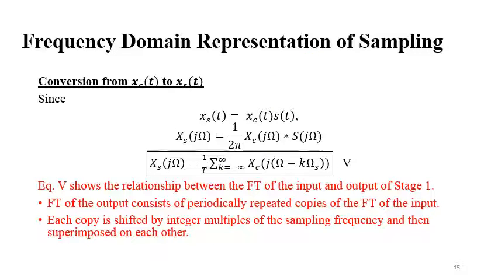Okay, now knowing the Fourier transform, if you again see the time domain, we have x_s(t), the sampled version of the continuous time signal. This is equal to modulation of the analog signal with the impulse train.